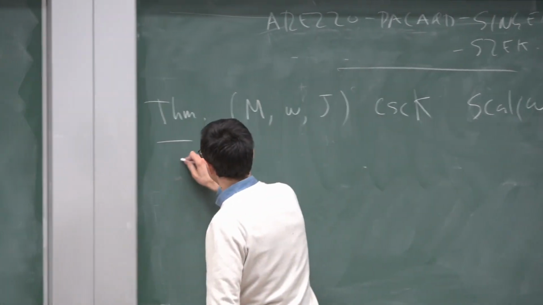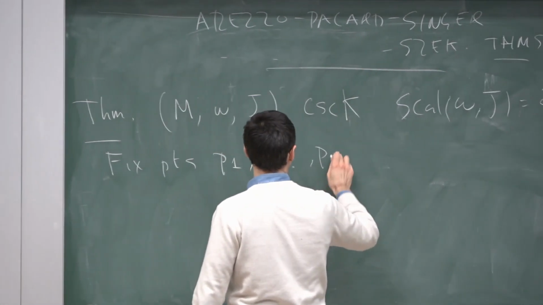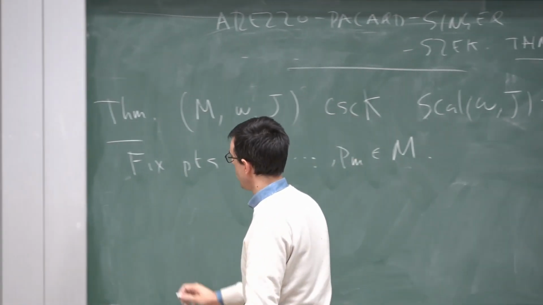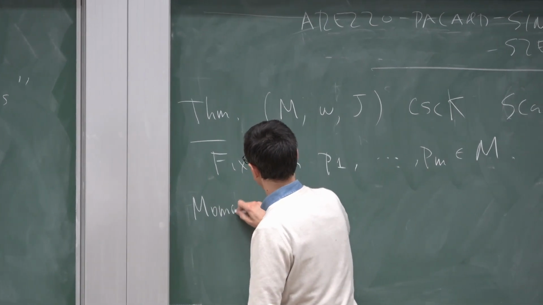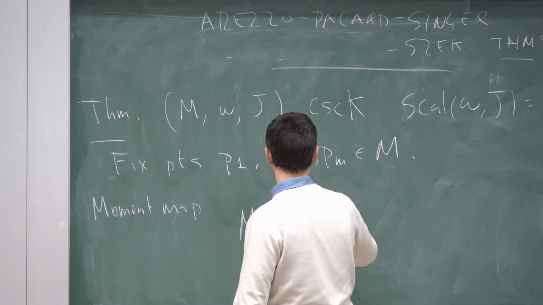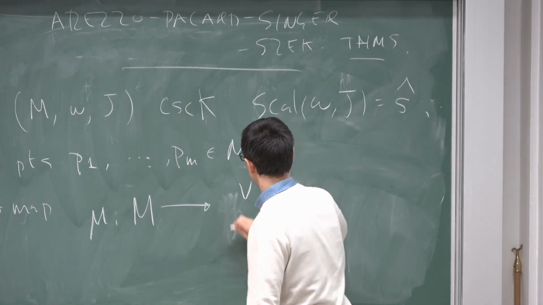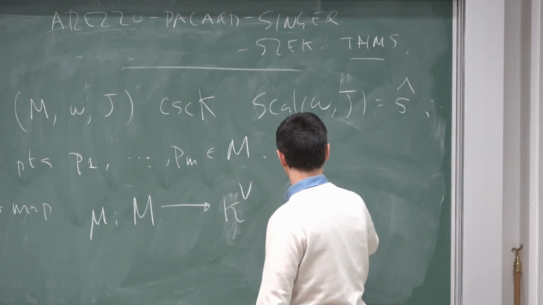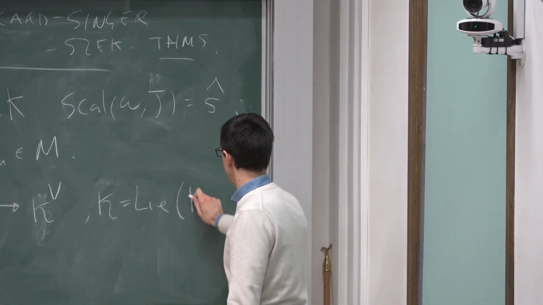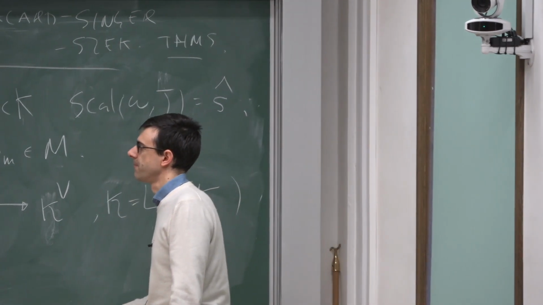Now let's choose points P1 up to Pm inside M. And let's fix a moment map, let's call it mu from M to the dual of the Lie algebra K. This K is the Lie algebra of this real group K, the group of Hamiltonian automorphisms.